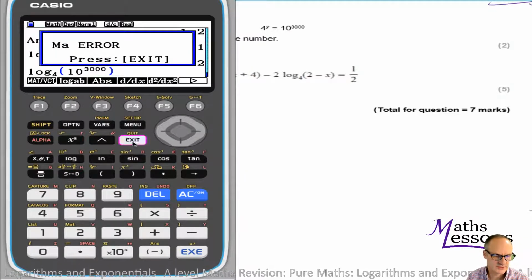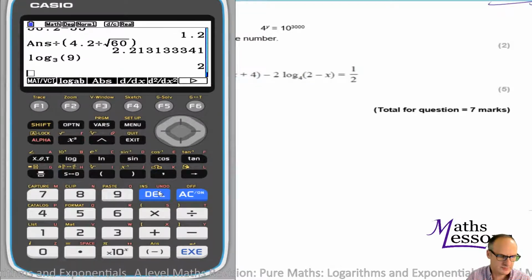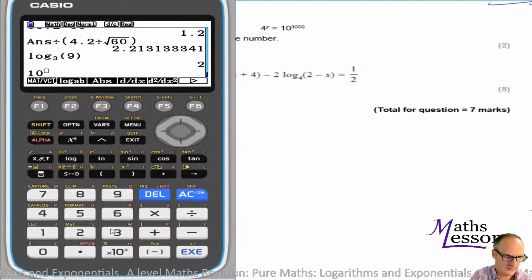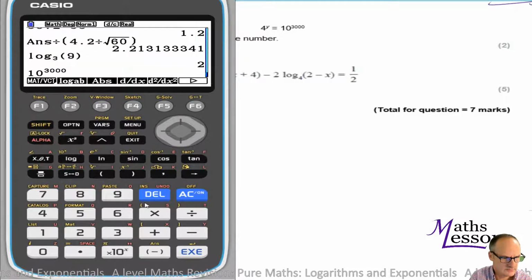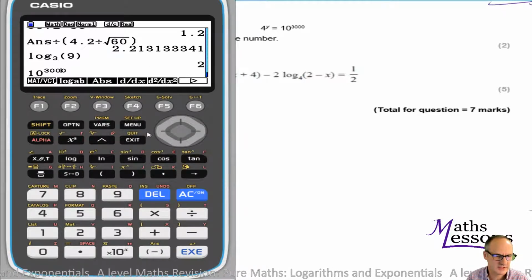I wonder if it just didn't like the power bit. So let's just get rid of that and just put 10 to the power of 3000. Why is it not liking 10 to the power of 3000? It might be just too big to do on my calculator, and that's probably the trick they're looking for.